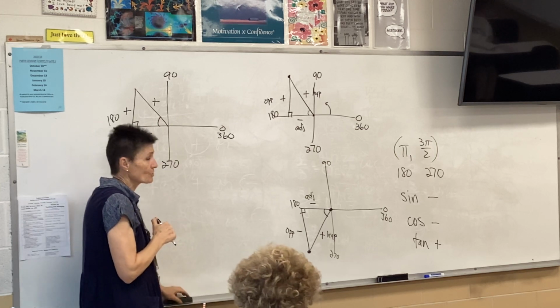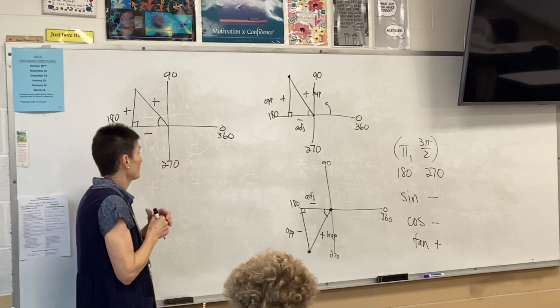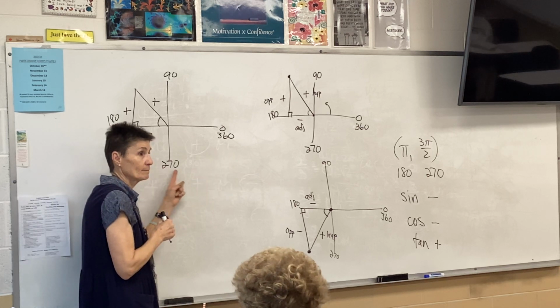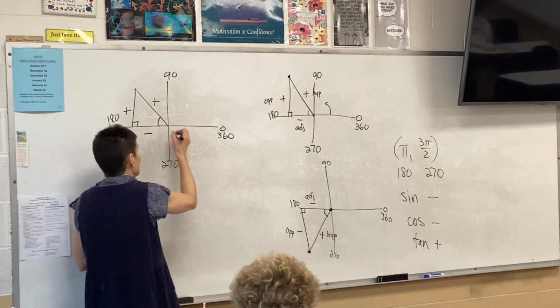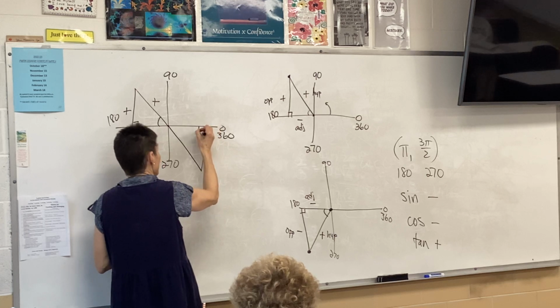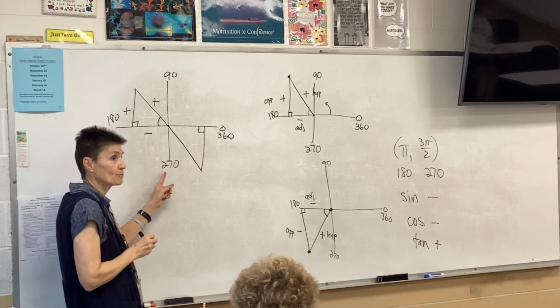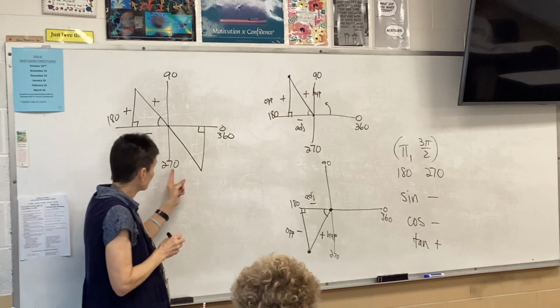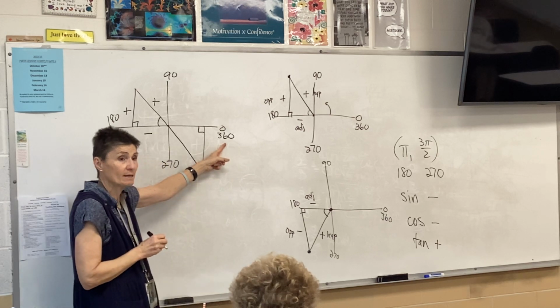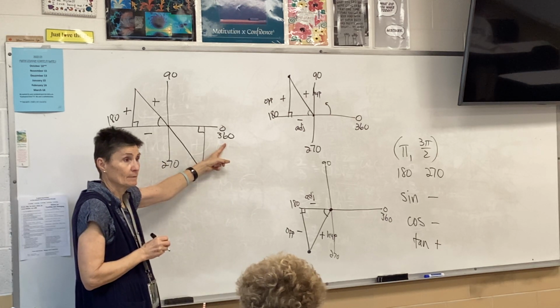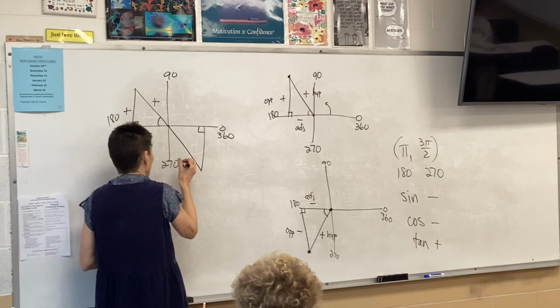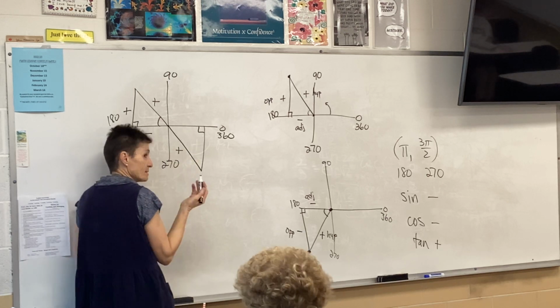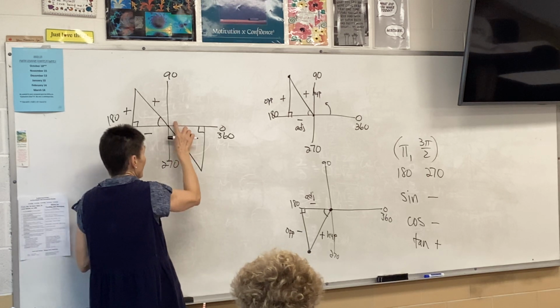300. Where's 300? Right in here. So I'm going to draw that triangle. This is the triangle for 300 because 300 is between 270 and 360. In this quadrant, I know the hypotenuse is positive because it's always positive. What about this?